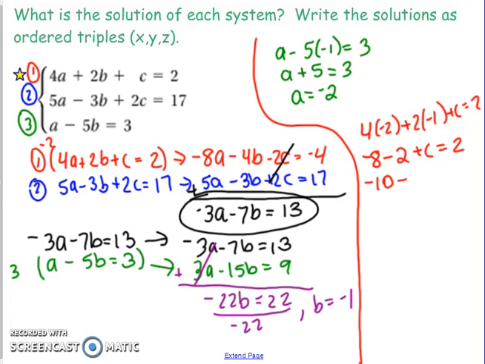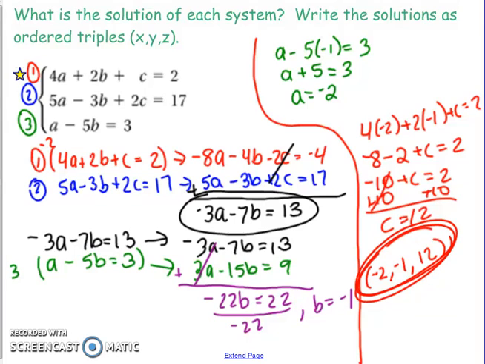So negative 10 plus c equals 2. I'm going to add my 10. So c equals 12. So now I know a, b, and c, and I'm going to write it as an ordered triple. So a is negative 2, b is negative 1, c is 12. So here is my final answer.